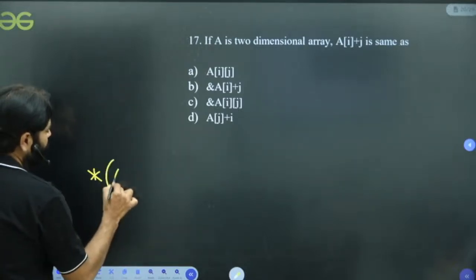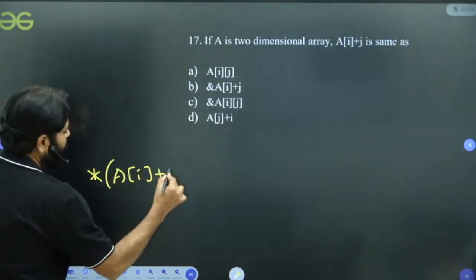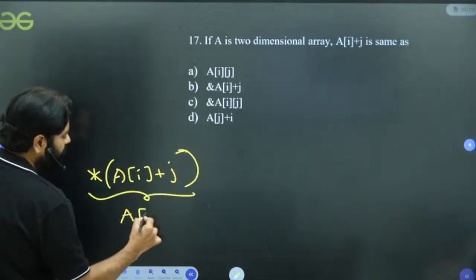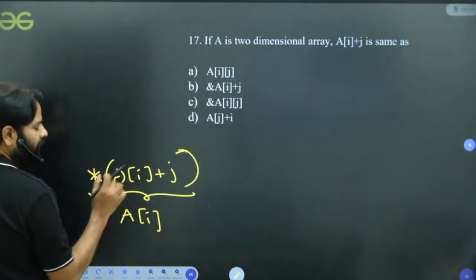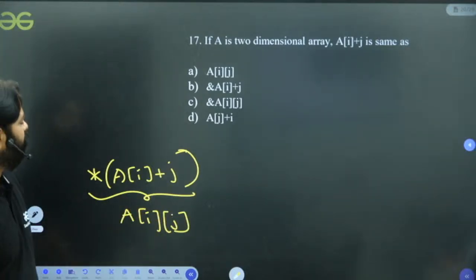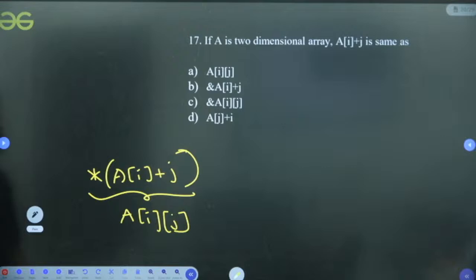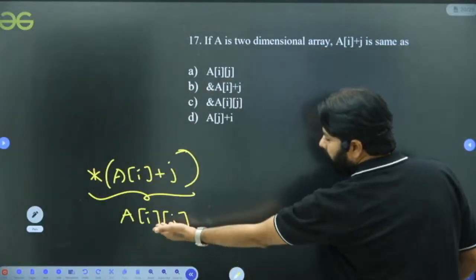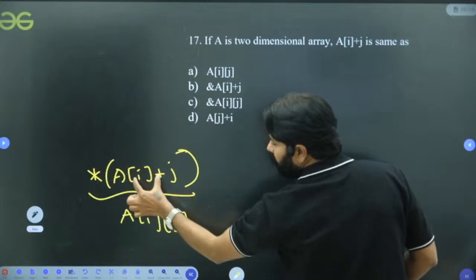Star of A of I plus j will give you A of ij because you are going to access the element. This is not that. This is two-dimensional, so you need two stars. One star is there, one slice is there.